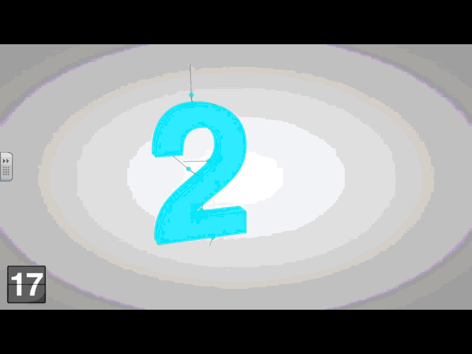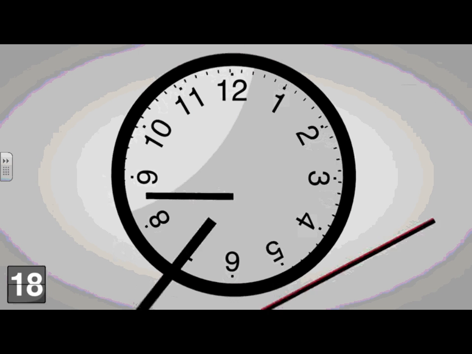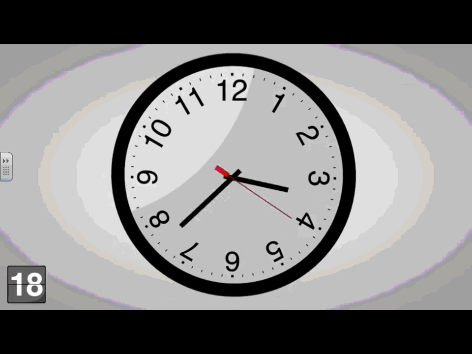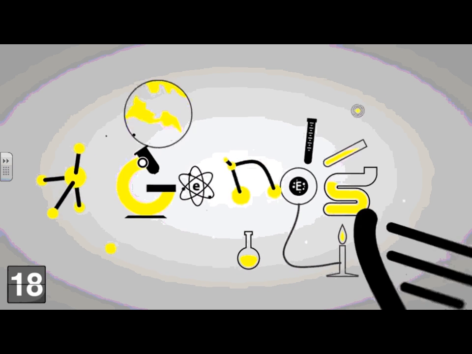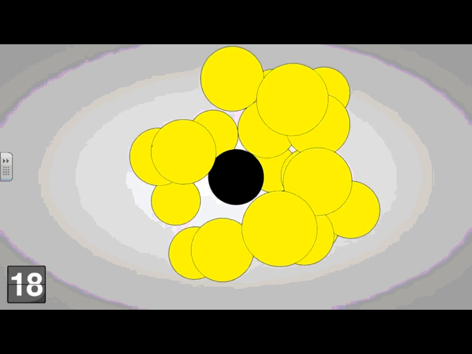Less than 2% of your DNA carries recognizable instructions to make proteins. The rest is called junk DNA, as it does not currently appear to code for anything. It takes around 8 hours for one of your cells to completely copy its DNA sequence. You are you because of your genes. Now you know more about this microscopic entity that makes us all the same, but grants you with distinct differences that make you unique.